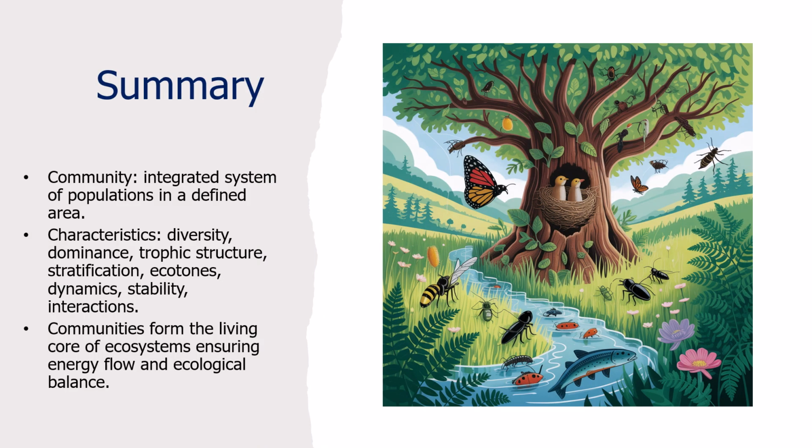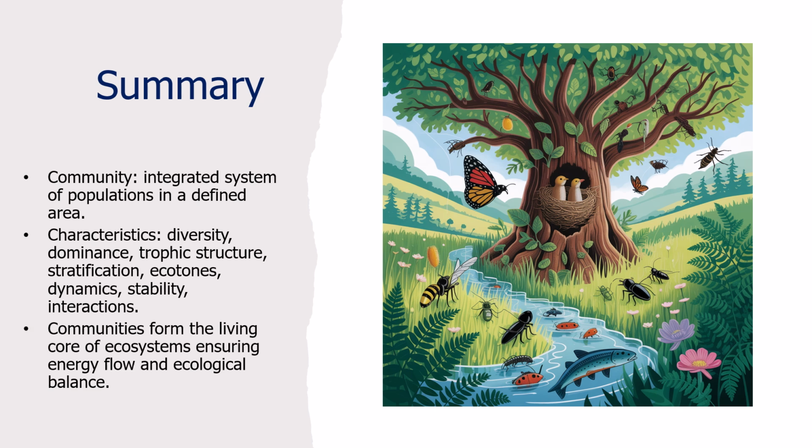So, summarizing all the things we discussed in this video, communities are organized groups of species populations that live and interact within a definite area. Their key characteristics include species diversity, dominance, trophic structure, stratification, ecotones, succession, stability, and interspecific interactions.